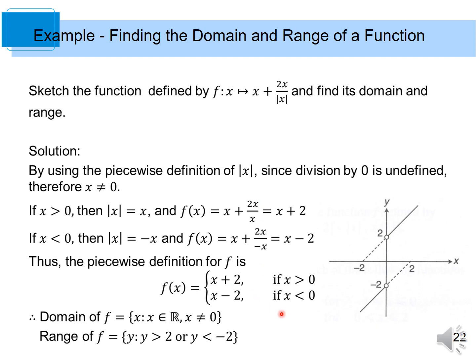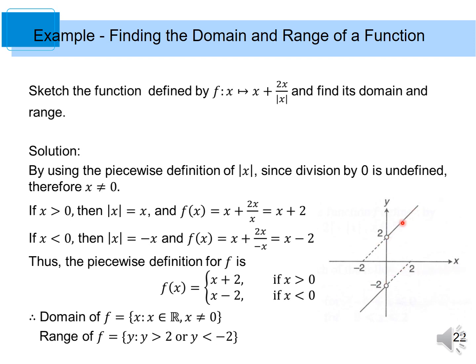With the piecewise function, you can plot the graph. From the graph, you can obtain the domain and also the range. Look at the domain. The domain is on the x-axis. You can see the line for this side, and for the positive side.